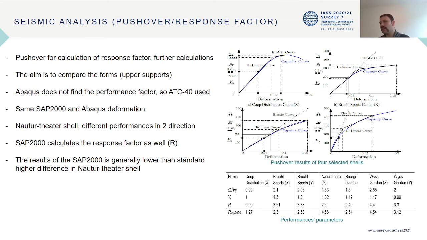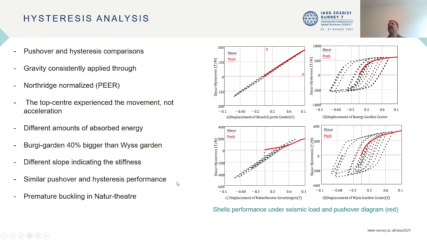So we have those response factors, and people can refer to them in addition to some other data that we mentioned in the paper. The other point is about the hysteresis analysis. The red line shows the pushover and the dotted diagram shows the hysteresis analysis. These shells have different performance. Some of them need a really high amount of energy for collapsing, like the garden shell, and some geometries like the Nature Theater shell would face really premature buckling.